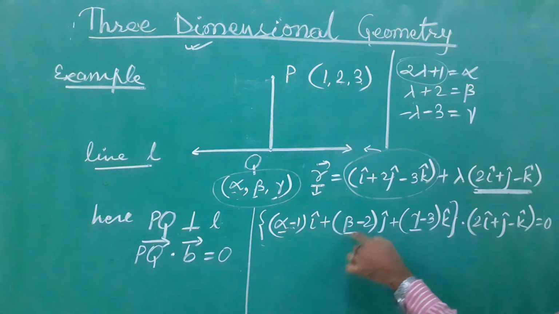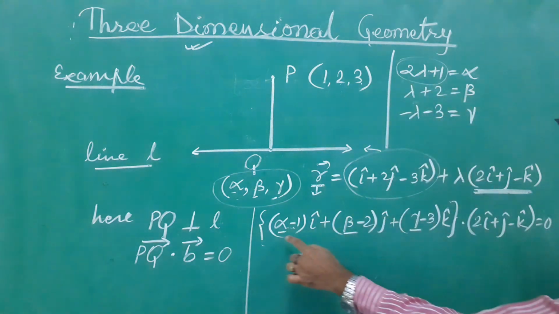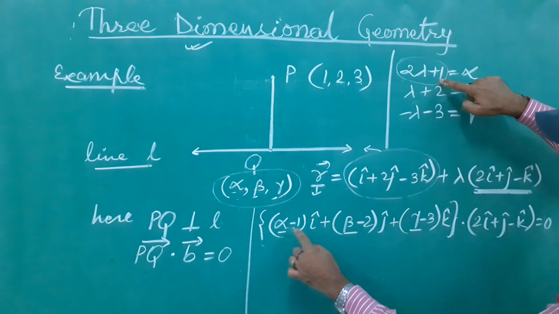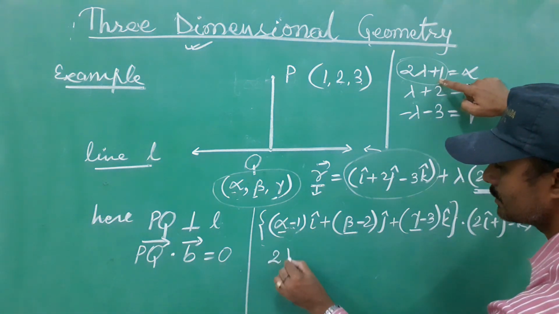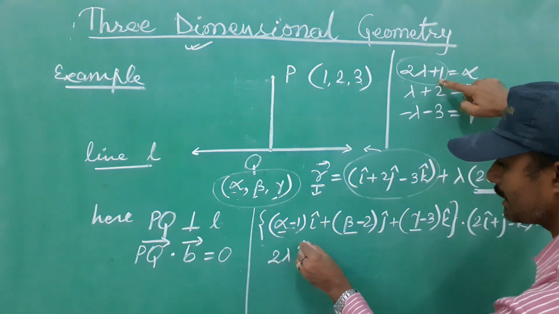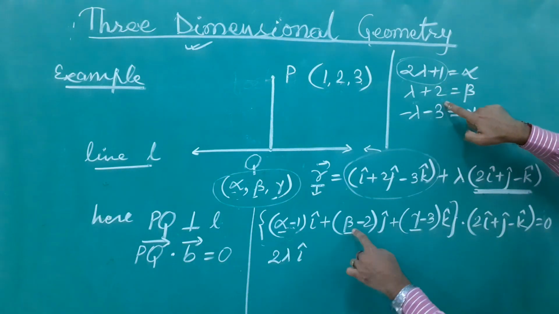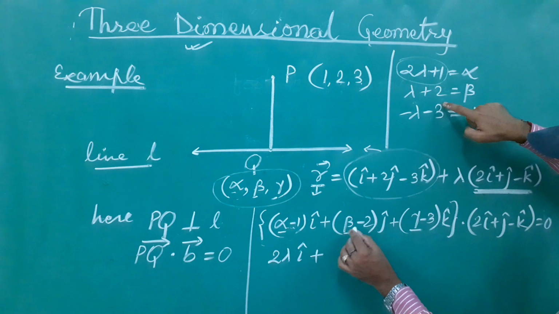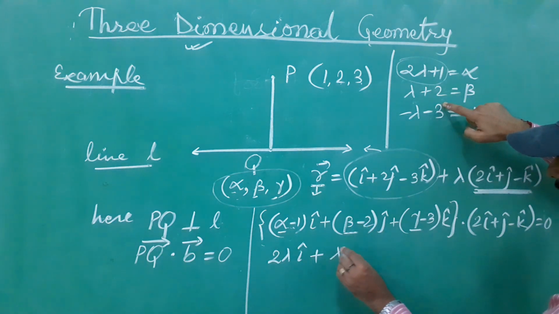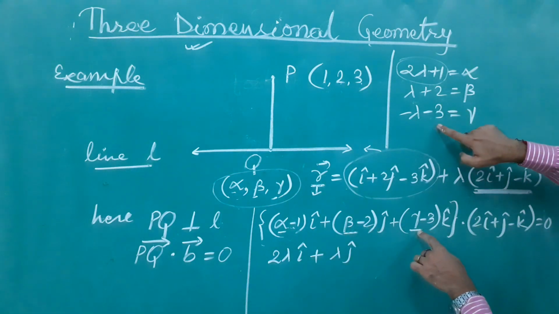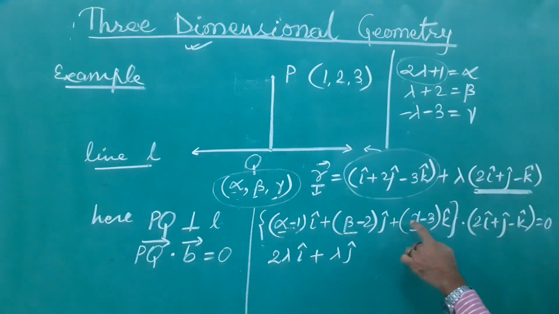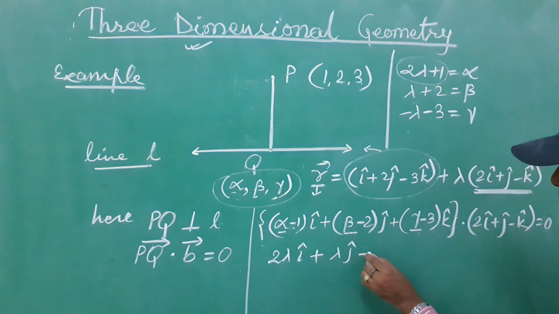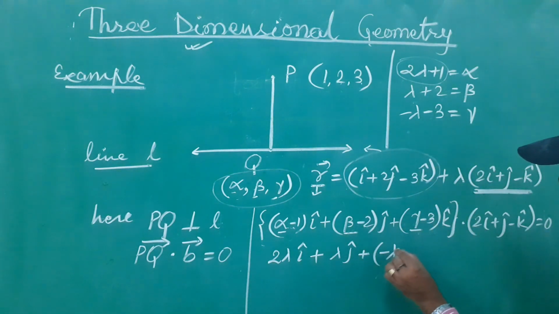By placing alpha, beta, gamma, 2 lambda plus 1, here we will have 2 lambda plus 1 minus 1. This will be 2 lambda i cap, and by using this one plus 2, this is lambda plus 2, plus 2 minus 2 cancel, lambda j cap, and gamma minus lambda minus 3. So this will be minus lambda minus 6 k cap.